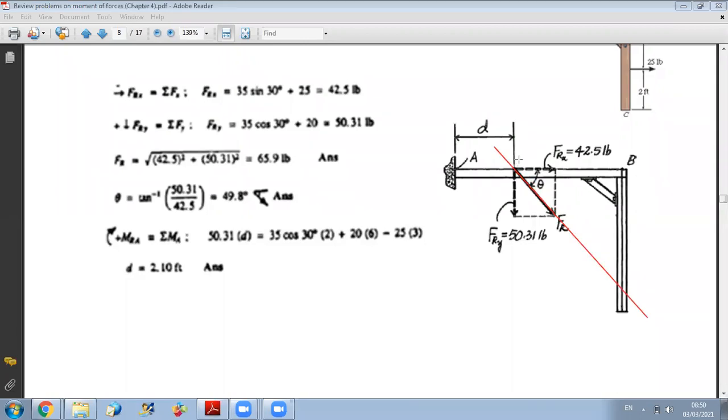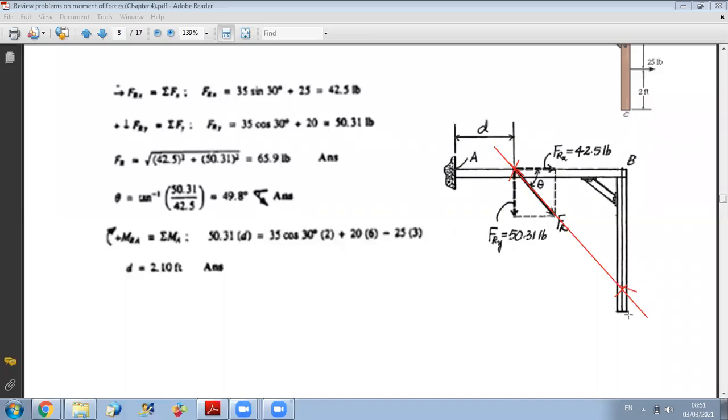So once I find one location to place the single force in a way to have the same effect at A, I can say that if I displace this force along its line of action, nothing will change. So once I get my result here, the intersection with AB, I can deduce the location on BC.